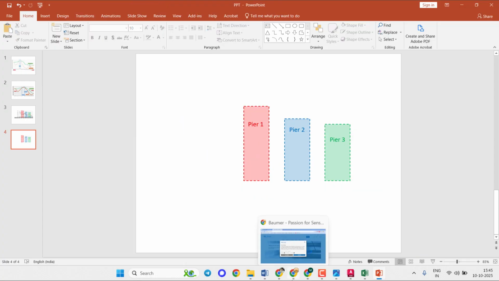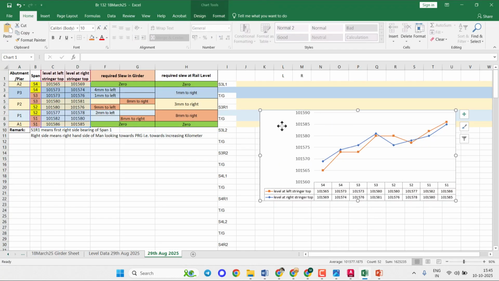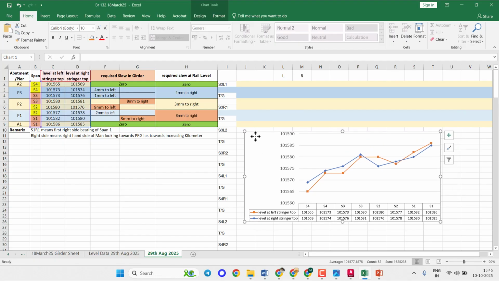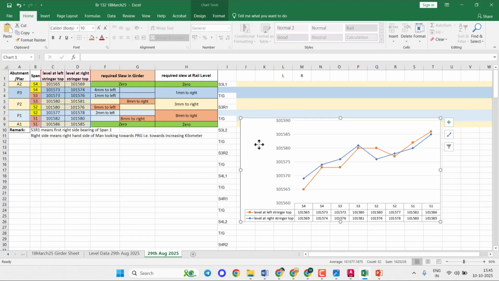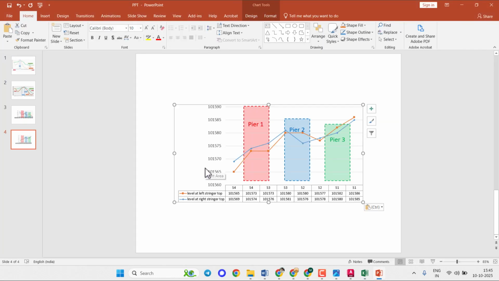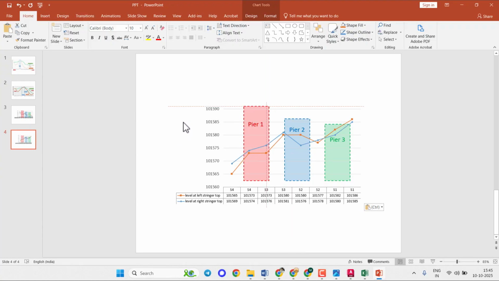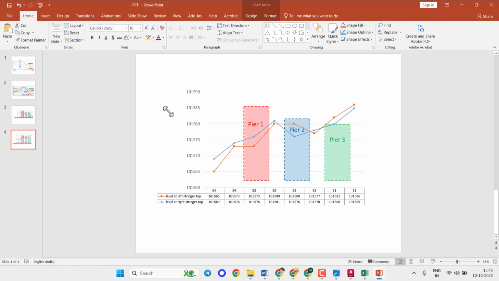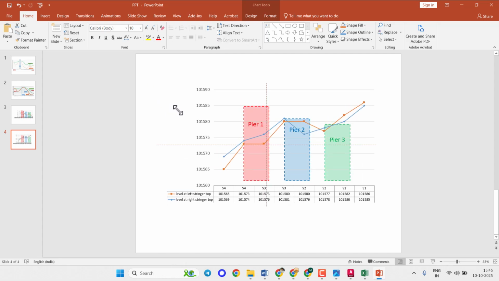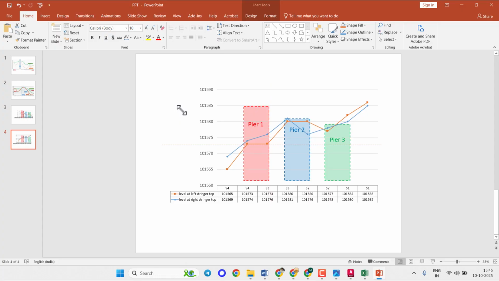Anyway, next we'll copy this data. Almost. Need to make it a bit bigger. Right.